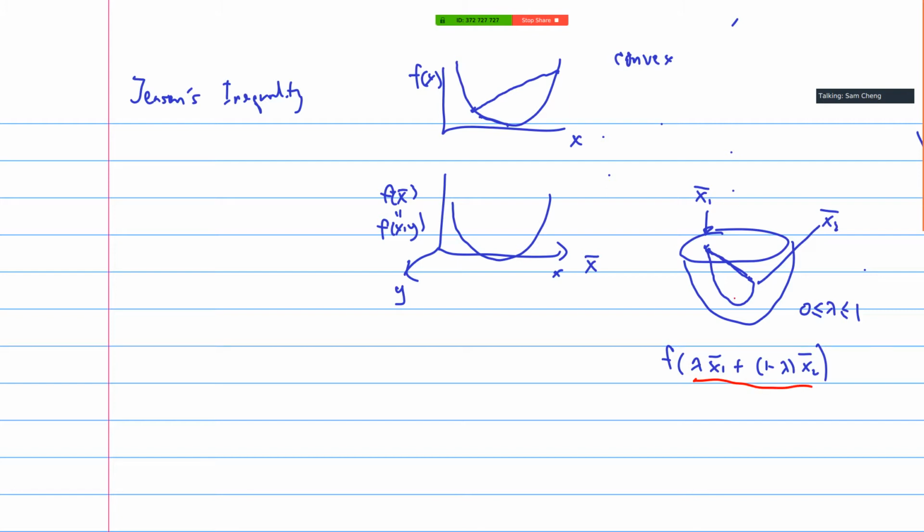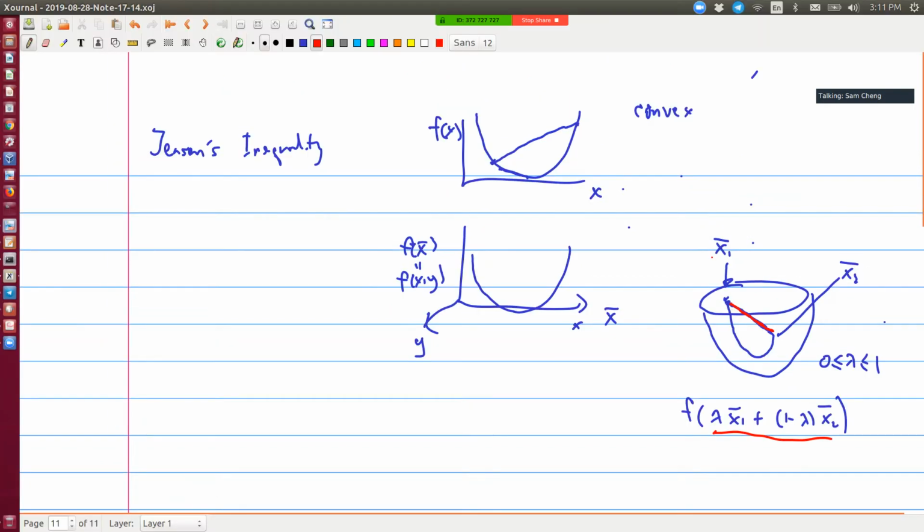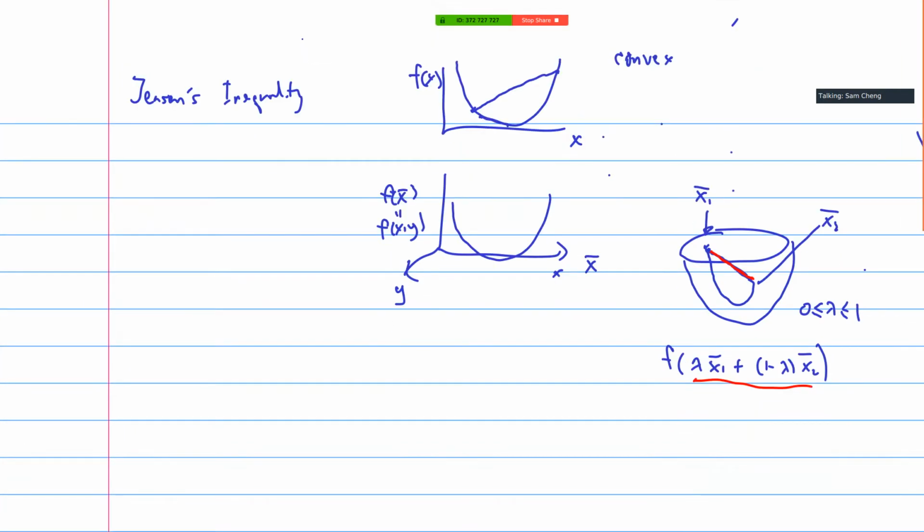This will cover this line here. Now, then you look at the function here. This f of something here is less than the value at this location here. So therefore, it's less than the linear interpolation of this line.